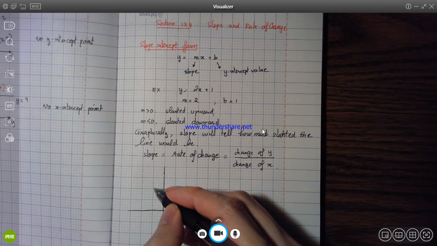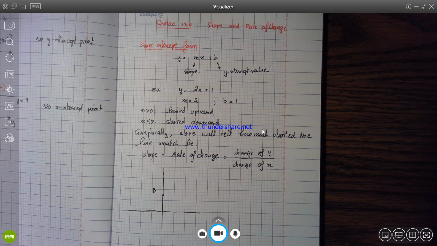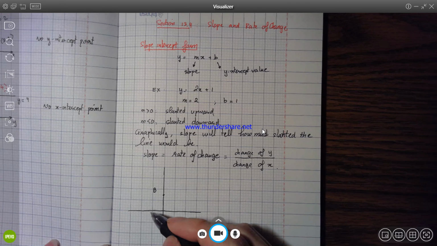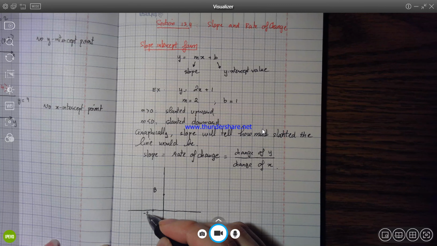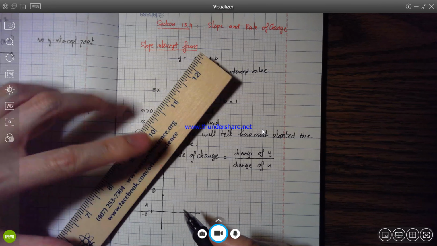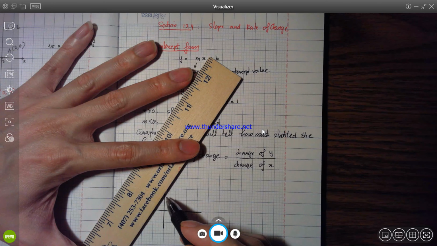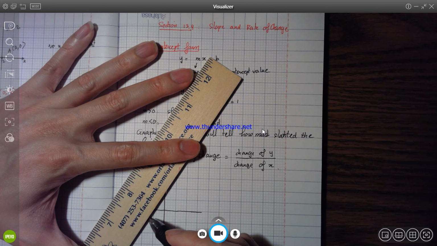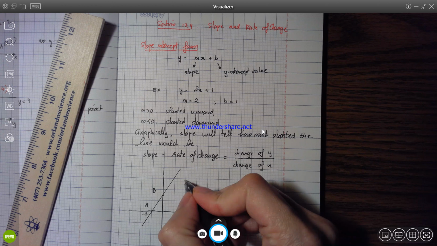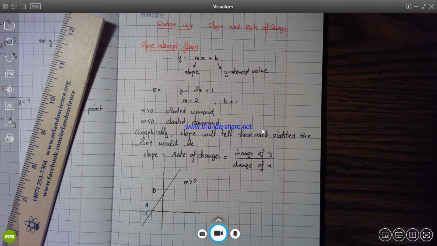So point B here. And I pick a point over here at -2, and I call it point A. I connect these two points, A and B. You see that my line over here is slanted upward. It means that my slope is positive. m is positive.